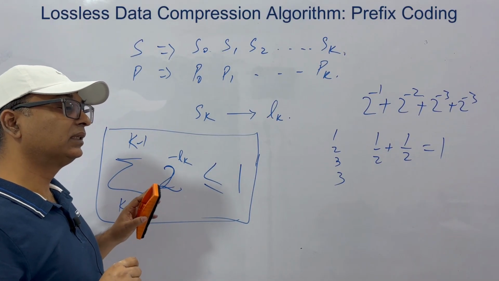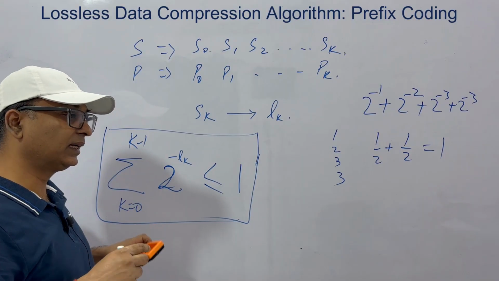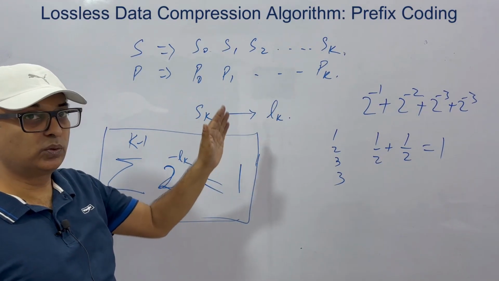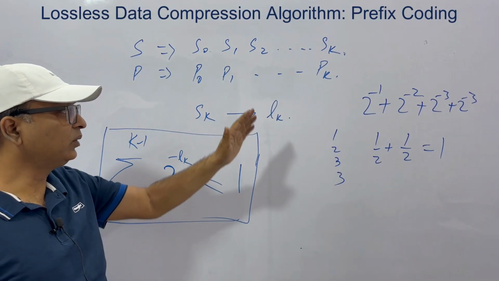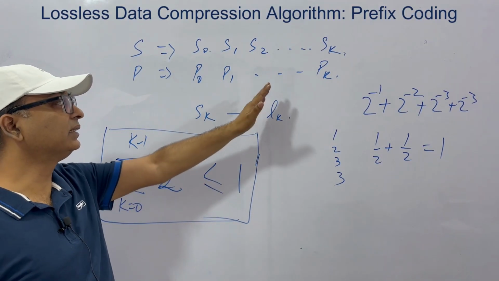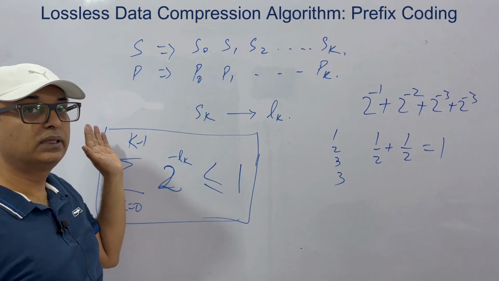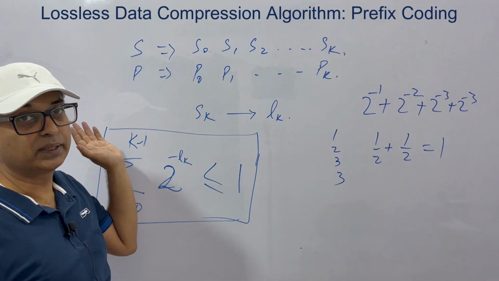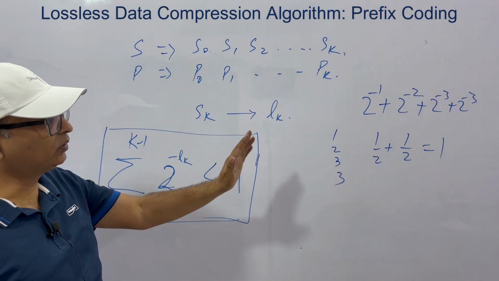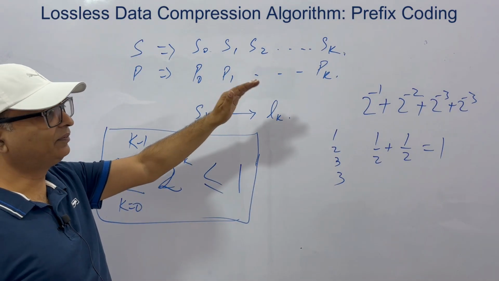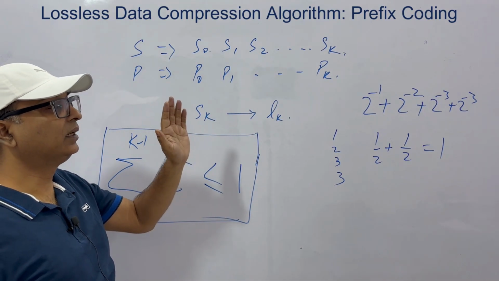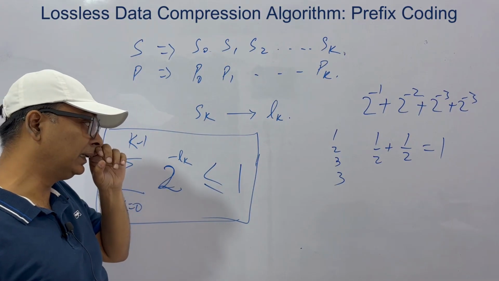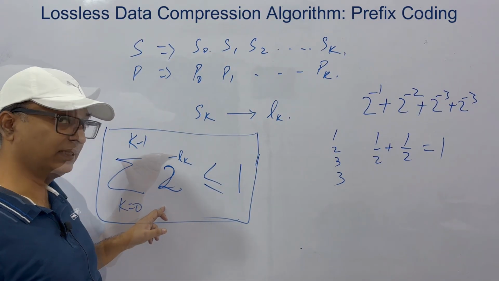It doesn't mean that, or I should put it like this, for example we saw code 1 and code 2, maybe code 1 also fulfills this, but that is not a code word for prefix coding. But code 2, if it has to be a code for prefix coding, must satisfy this.